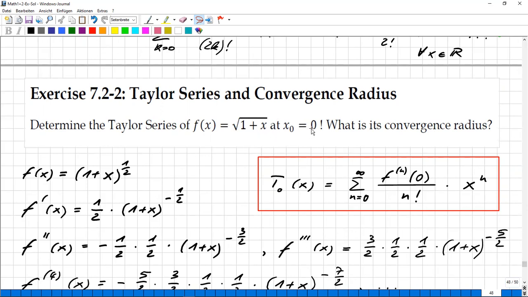By the way, if I take x equals minus 1, which is the left side border of this convergence interval, I have square root of 0, and for even lesser values of x, this would no more be defined.